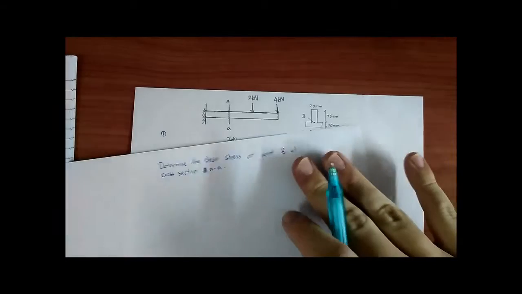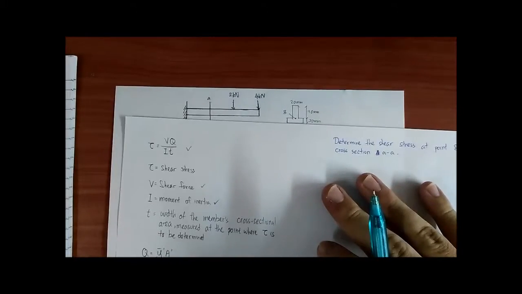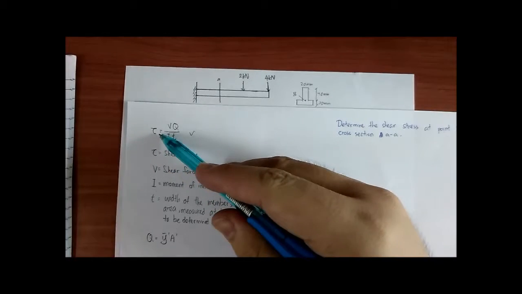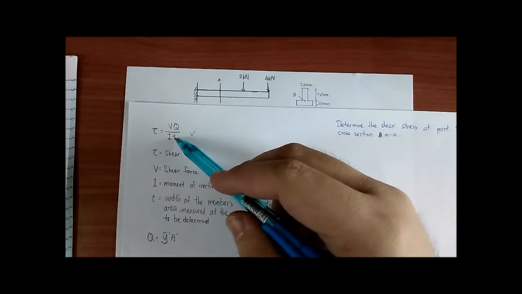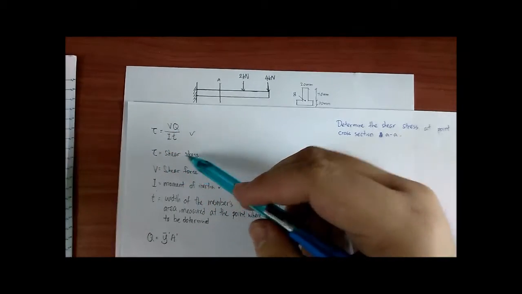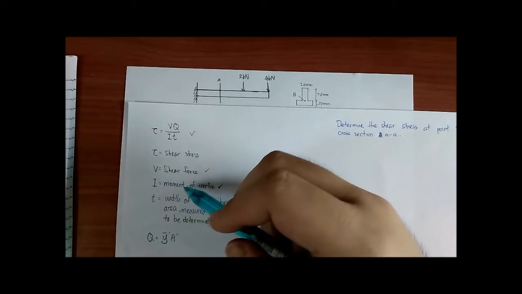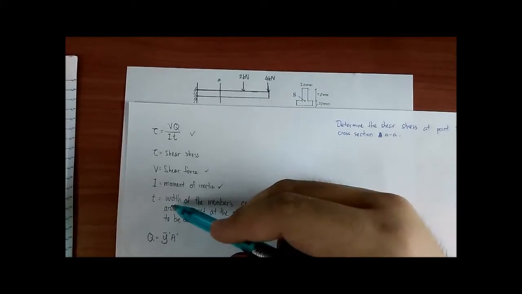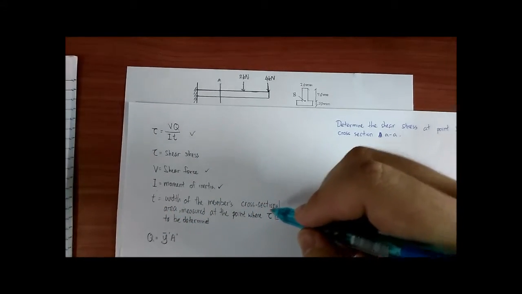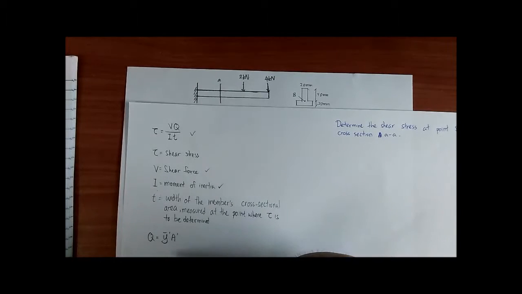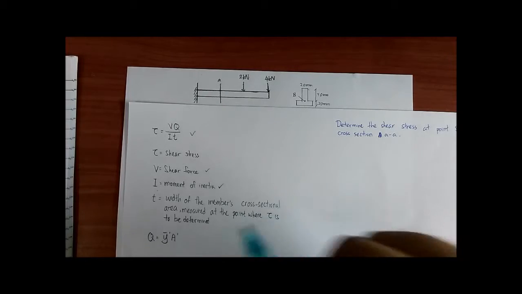To calculate the shear stress, we use this formula: tau equals VQ over IT, where tau is the shear stress, V is the shear force, I is the moment of inertia, T is the width of the member's cross-sectional area measured at the point where tau is to be determined, and Q is equal to y bar prime multiplied by A prime.